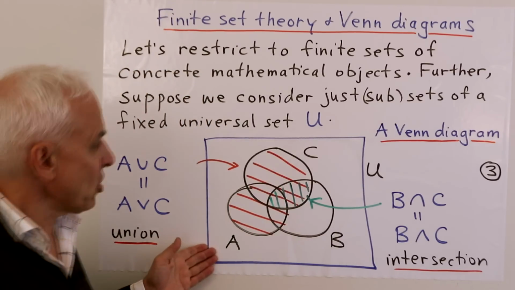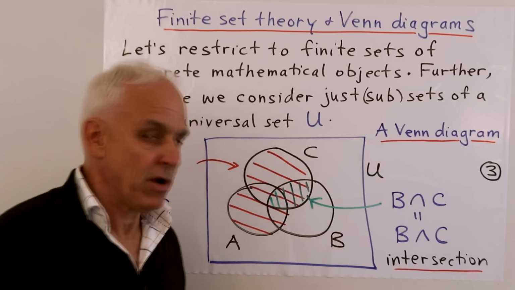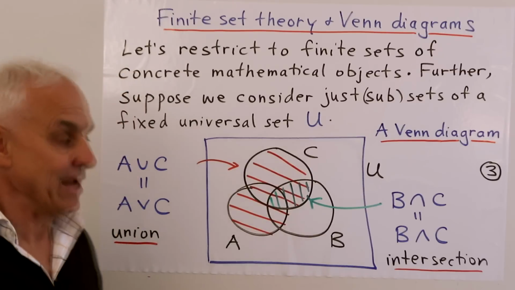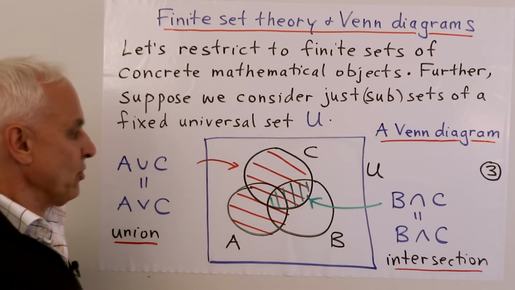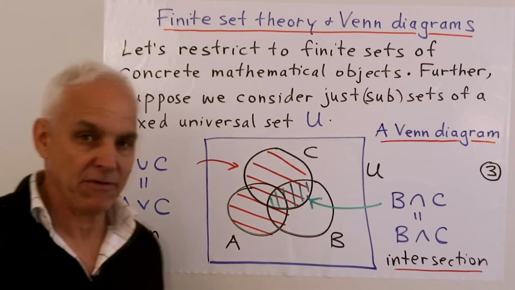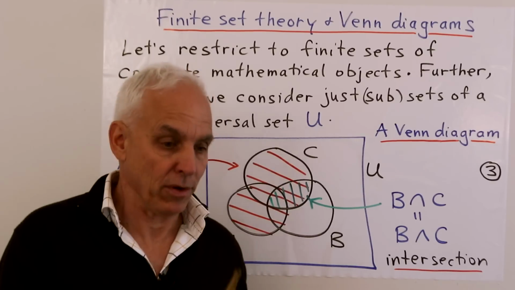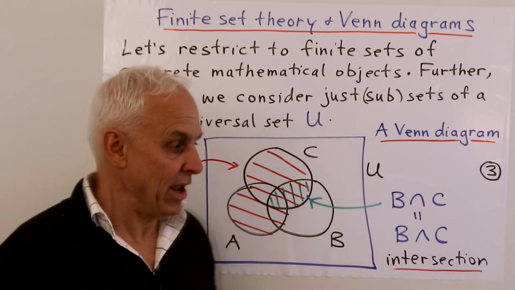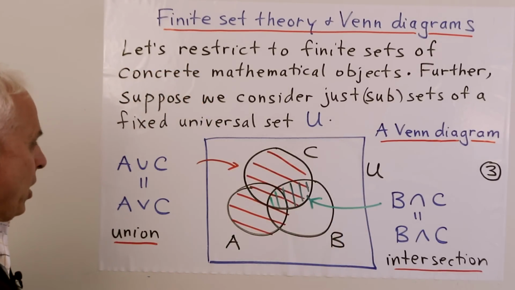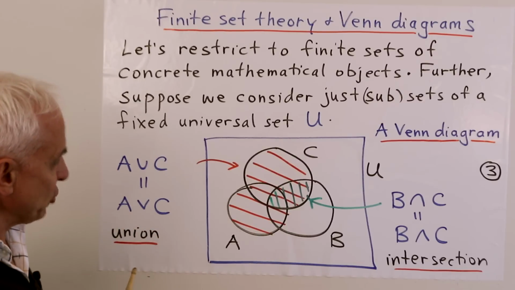So these days this is called a Venn diagram, but probably actually the idea of such a diagram goes back to Euler. But if we named everything that Euler discovered after Euler, then too many things would have the name Euler to them. Okay, so what do we see in this picture here?